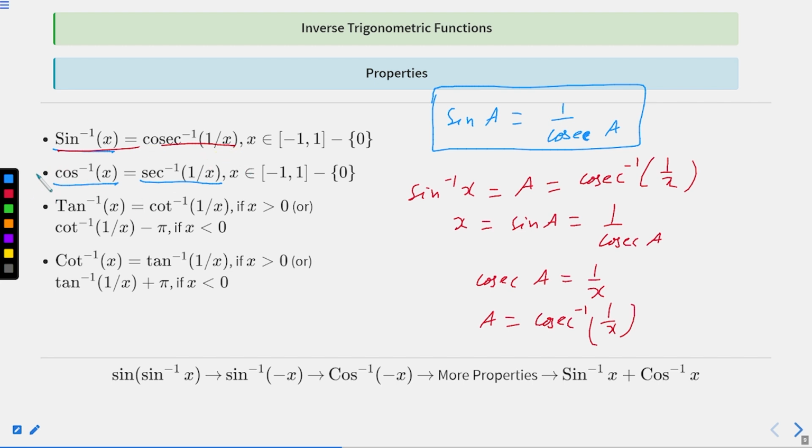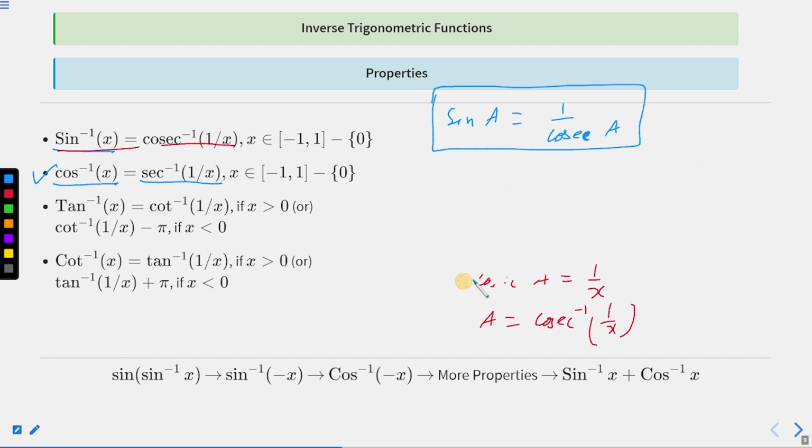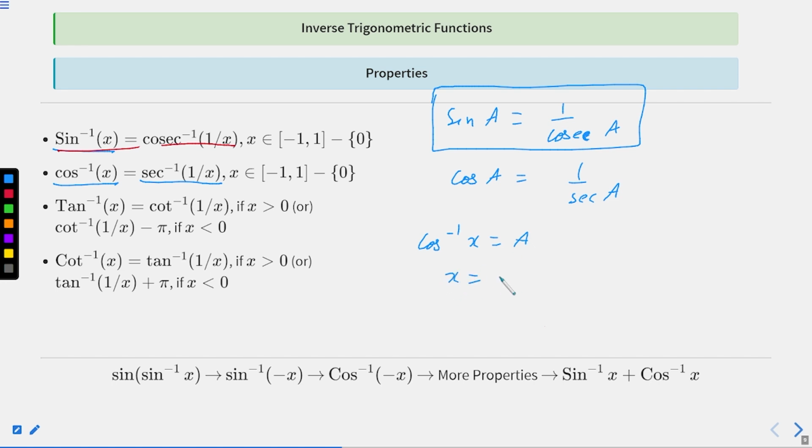In a similar manner you can prove this. I hope you can easily do it. What relation will we use? Quite an easy relation: cos a is equal to 1 upon sec a. Taking cos inverse x equal to a, x is cos a, which is 1 upon sec a.